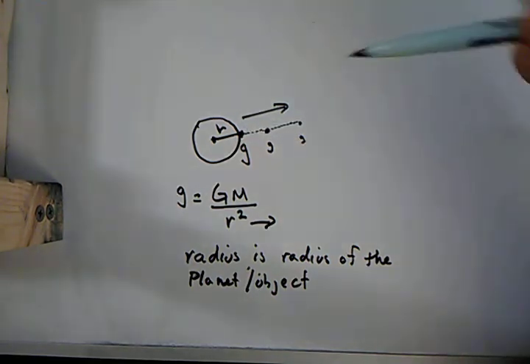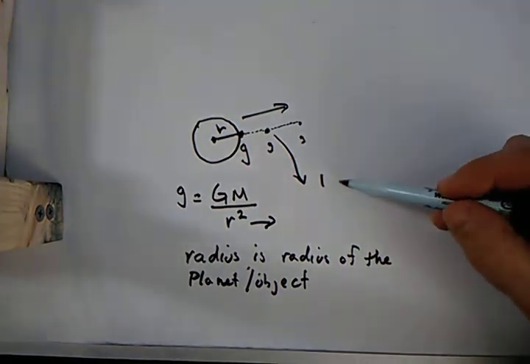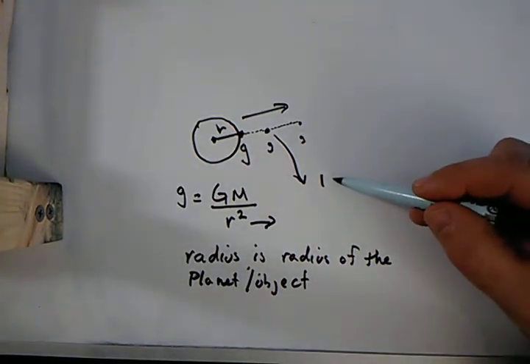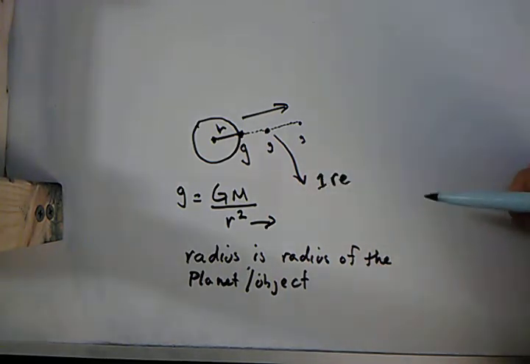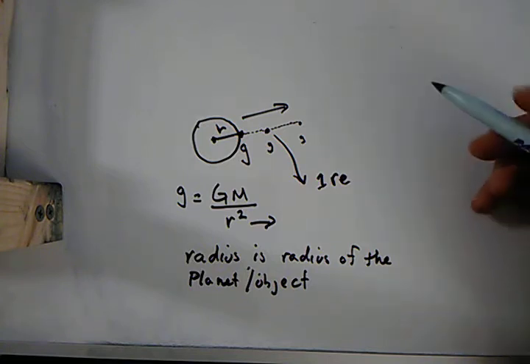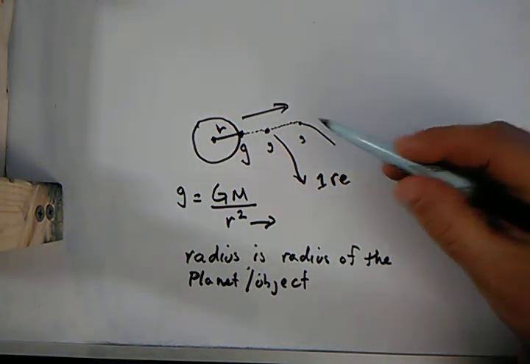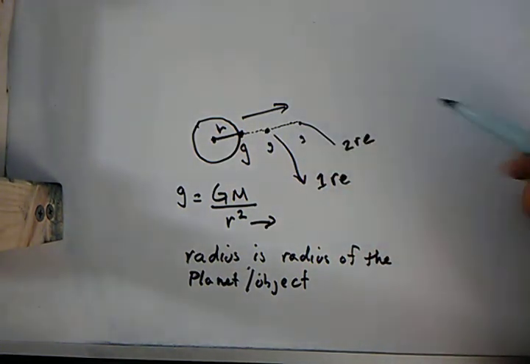One radius would be right here. I'm going to call this, and you might see this in the homework, 1 RE, one radius of the Earth. And where would I be if I were 2 radii above the Earth? Right here, at this point, I'm 2 radii above the Earth, 2 RE.